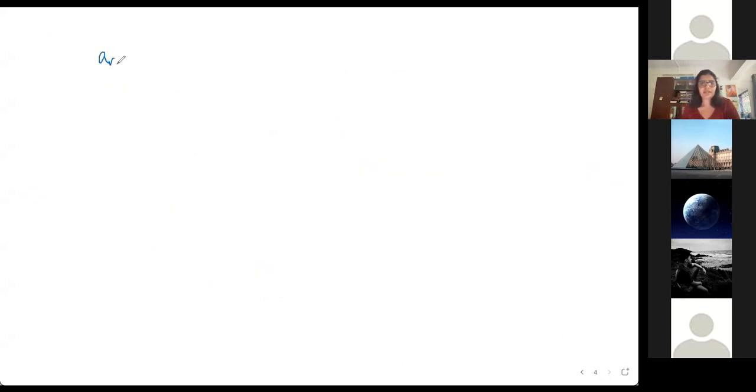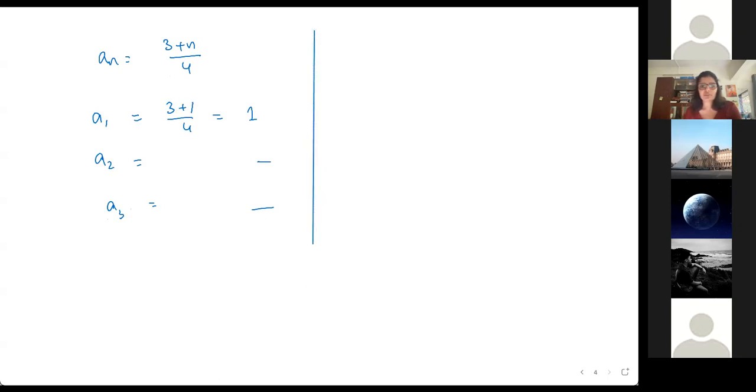So you're given that an equal to 3 plus n by 4. So terms in the AP. A1, first term will be equal to how much, Puneet? What will this be? Okay, we have to substitute it. Okay, then it will be 1. Then A2 also find out. A3 also you can find out. Another way to do it is, find out a minimum of 3 terms, show that they all are fitting in that series. What you can also do is rearrange this.